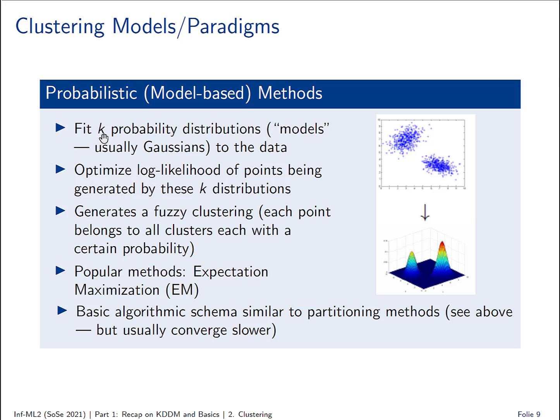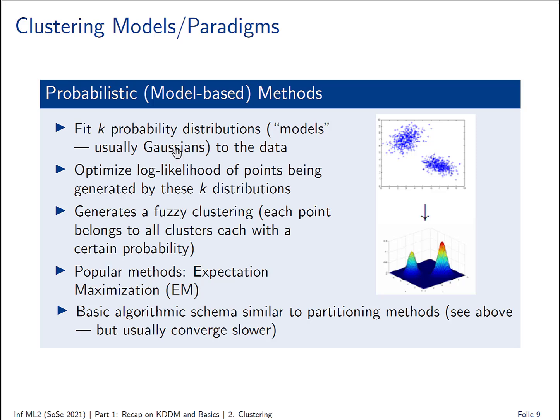Yeah, so you fit the parameters of k Gaussian distributions to the data. The Gaussian distributions typically have the mean as one parameter and the standard deviation in the one-dimensional case, but typically we are in the multi-dimensional case. So in that case, the second parameter of Gaussian distributions beside the mean is the covariance matrix.